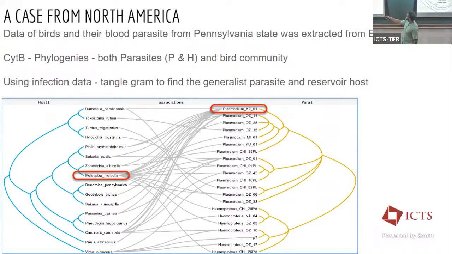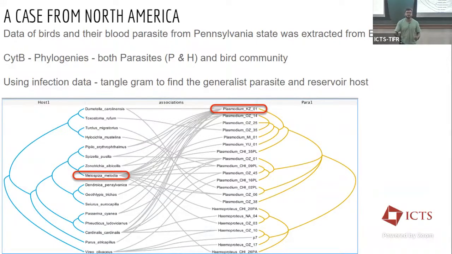Here, this Plasmodium, KZ1, has infected multiple bird species which are not evolutionarily related to each other. So this is clearly a generalist Plasmodium in this region.